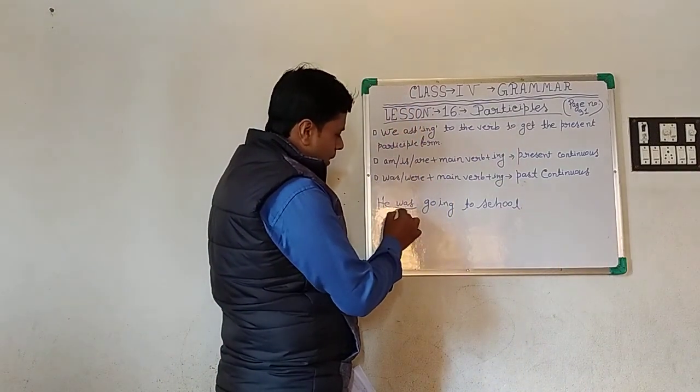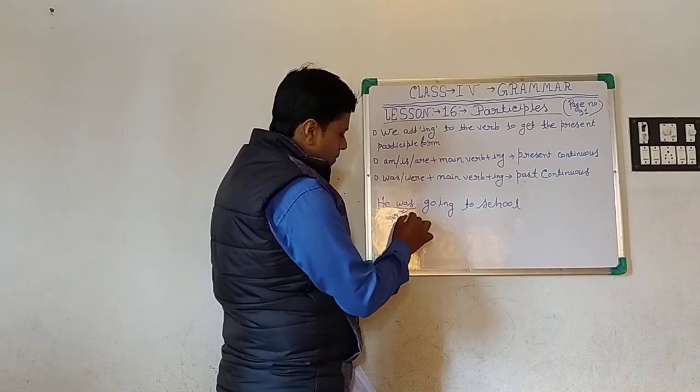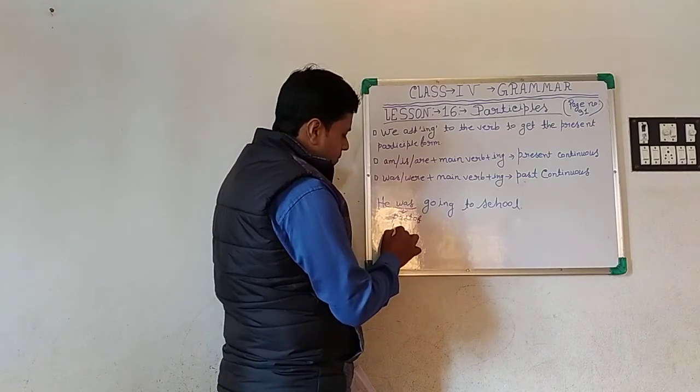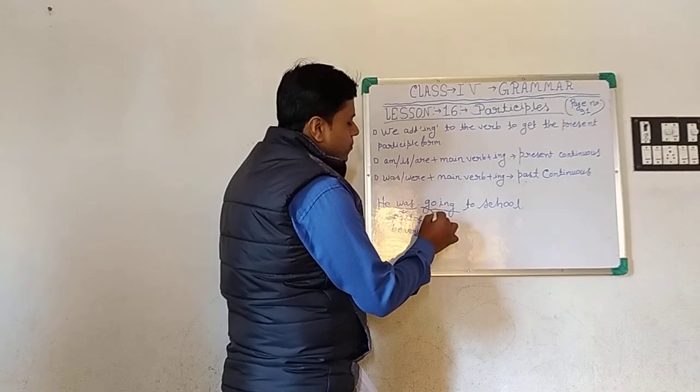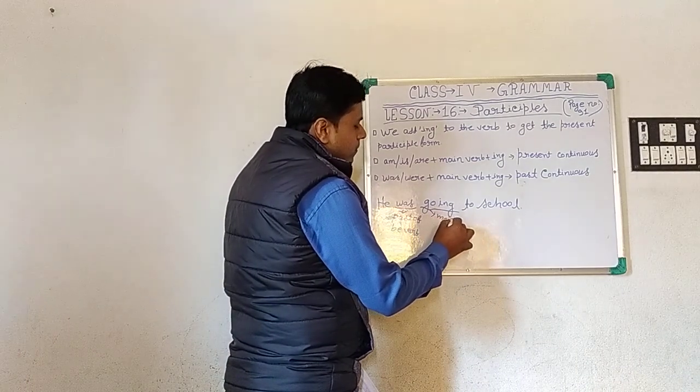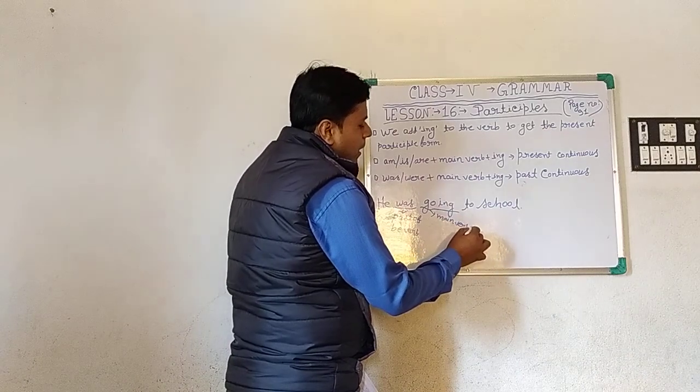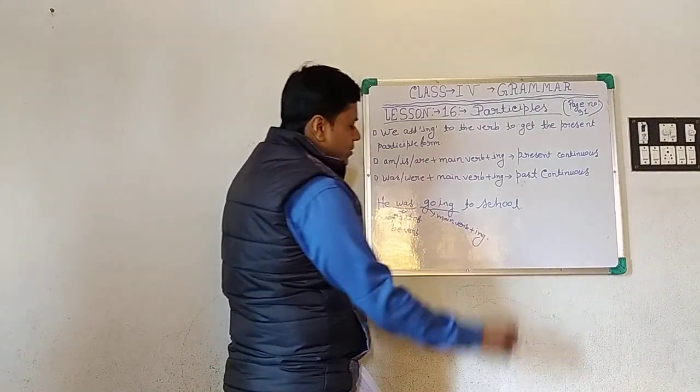Was means the past form of the be verb. Go is its main verb plus ing. Is that clear?